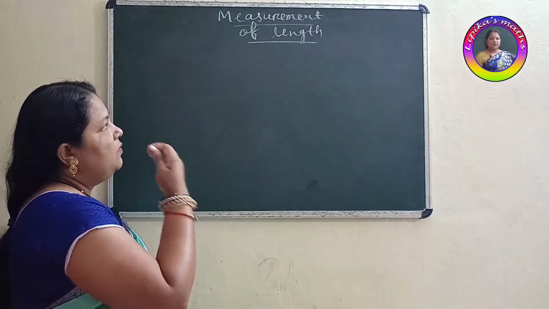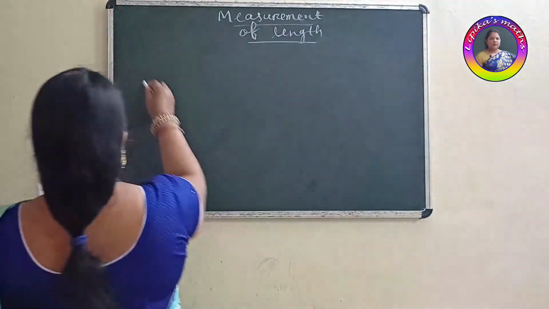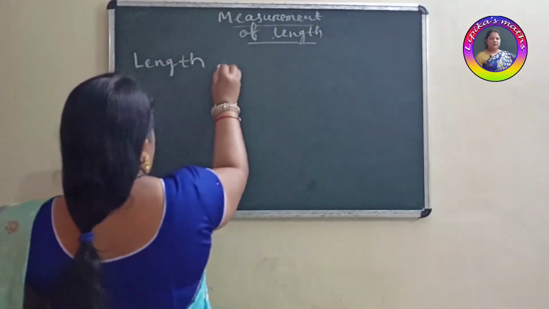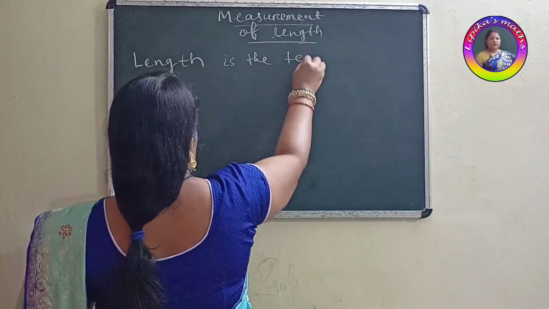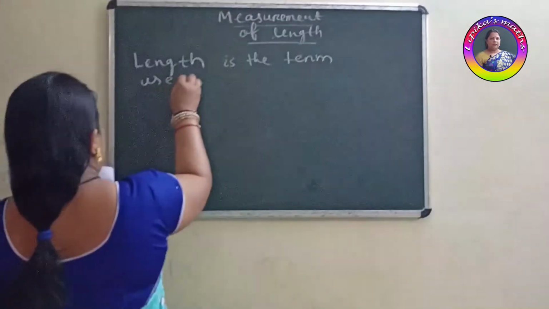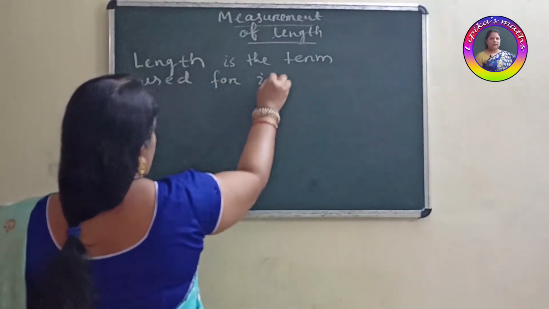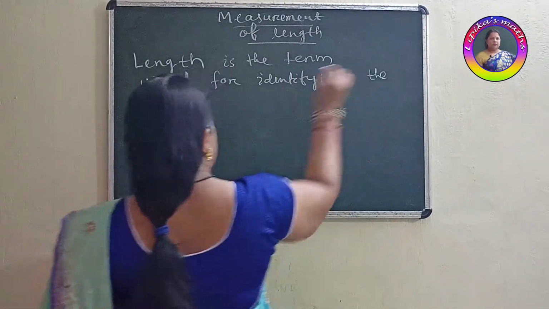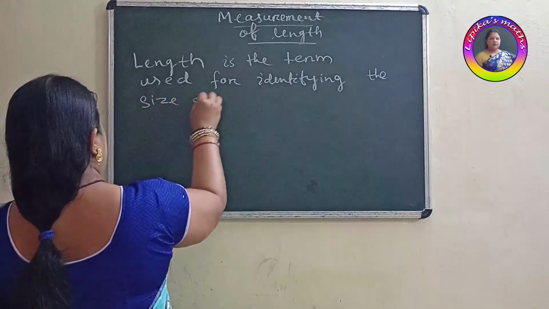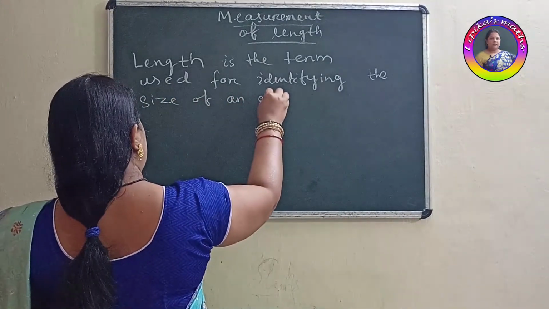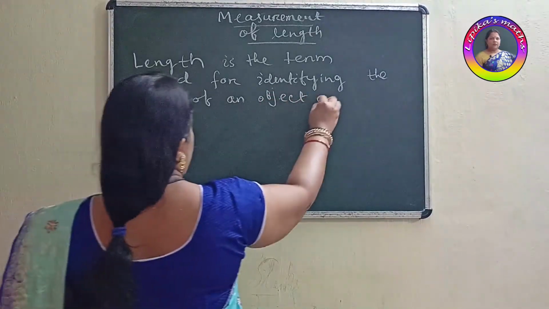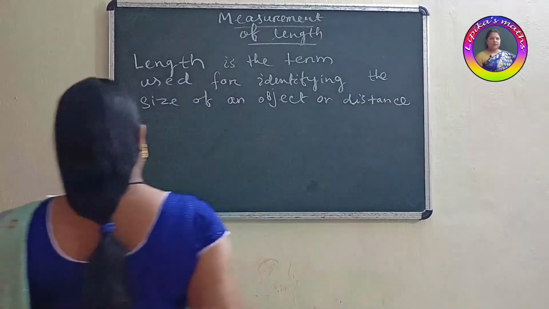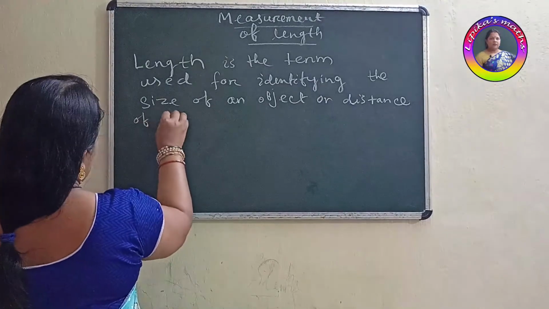So let me discuss what exactly length is. Length is the term used for identifying the size of an object or distance of 2 points.